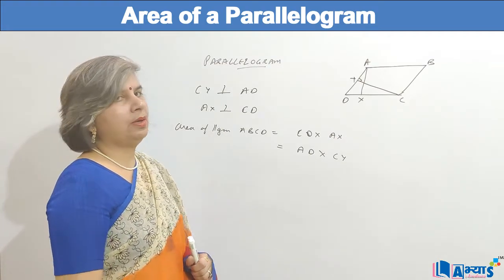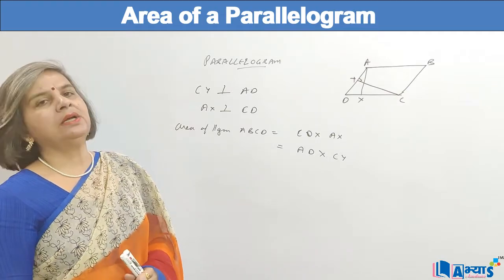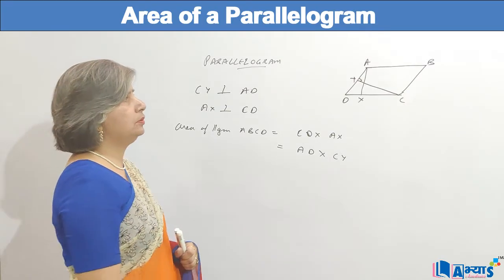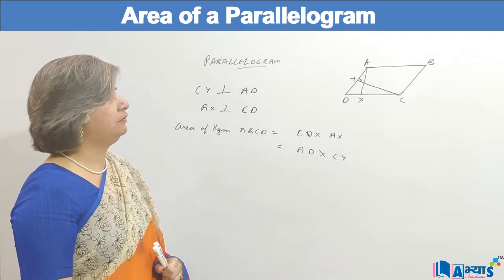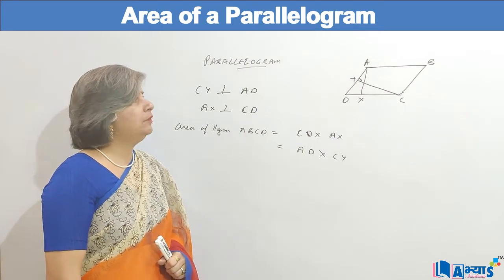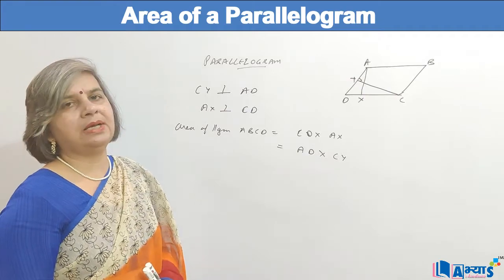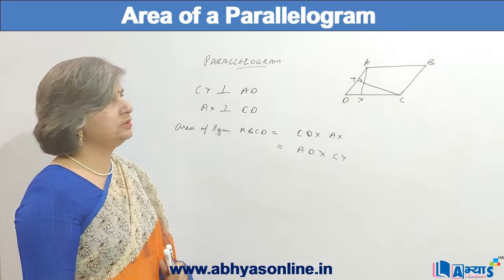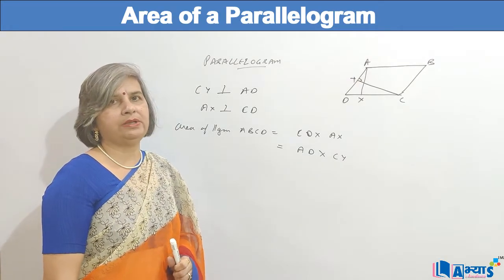So the area of a parallelogram is base into height, where the height is taken corresponding to the base. In both the cases the answer will be the same, but we have to analyze which is the base and which should be the corresponding height for that parallelogram to find the area.